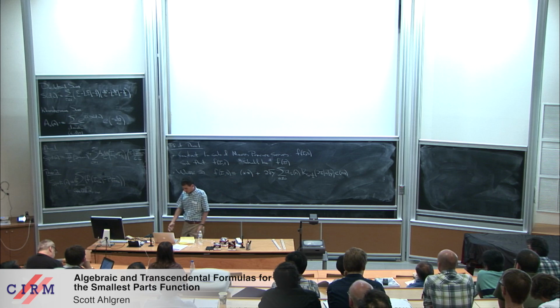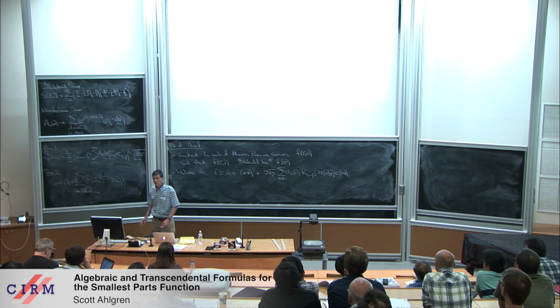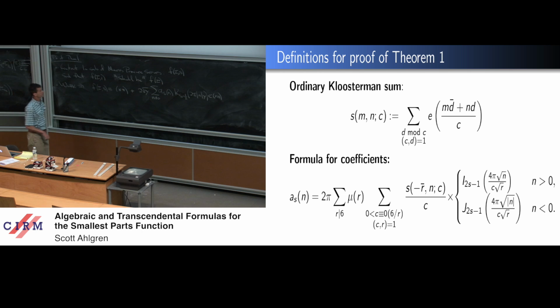I'll show you so you can see them. This is what the a_s look like. These are ordinary Kloosterman sums, S of m, n, c, and the a_s are sums of these ordinary Kloosterman sums weighted by either I-Bessel or J-Bessel functions.